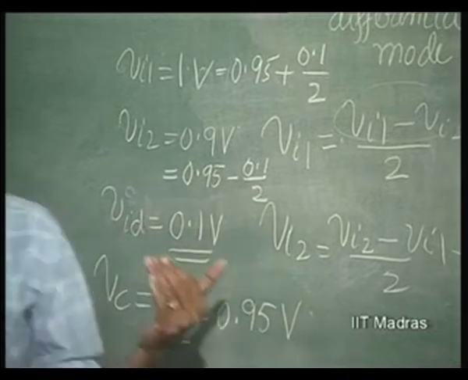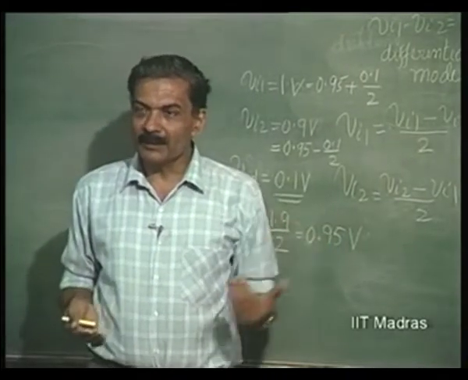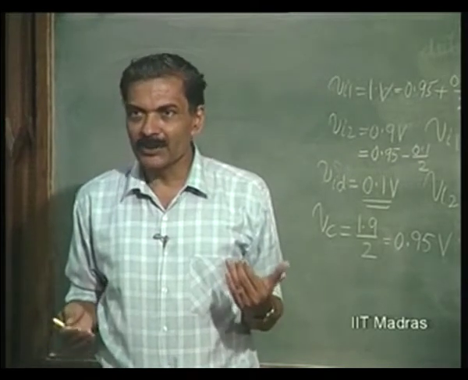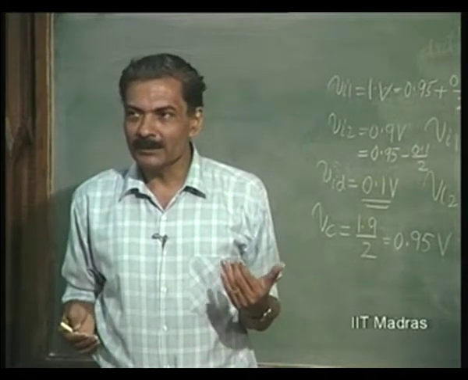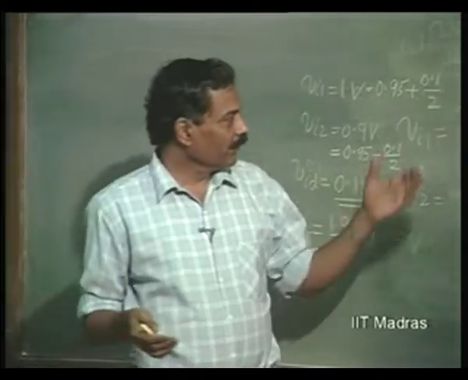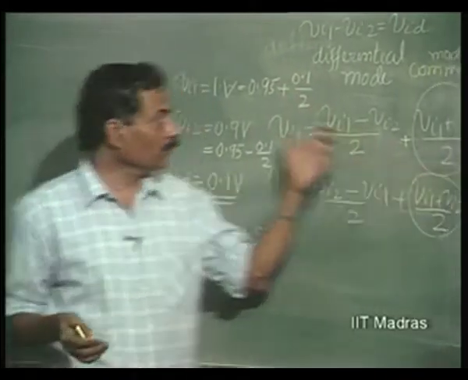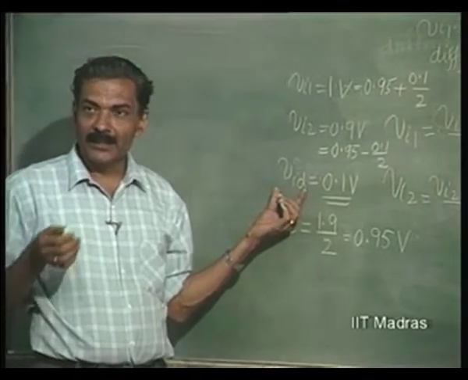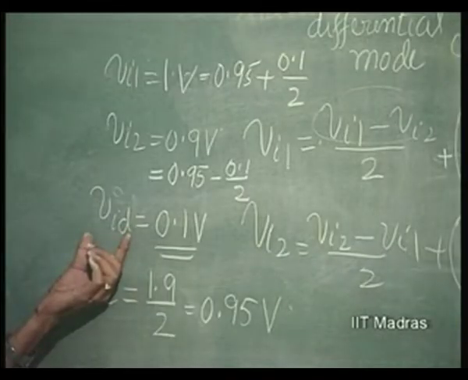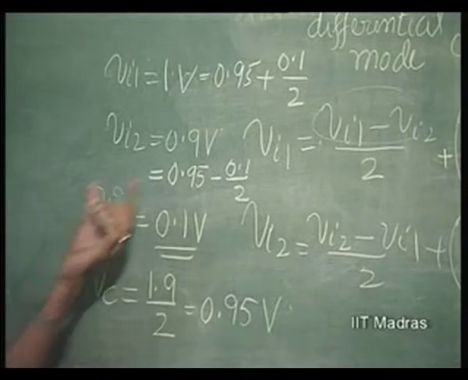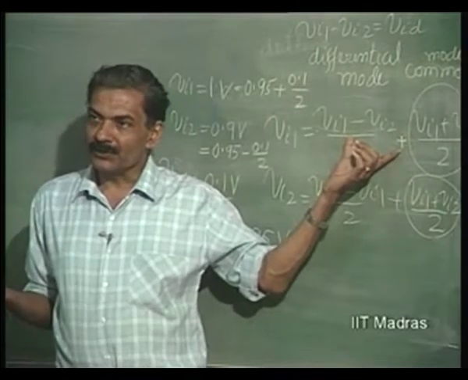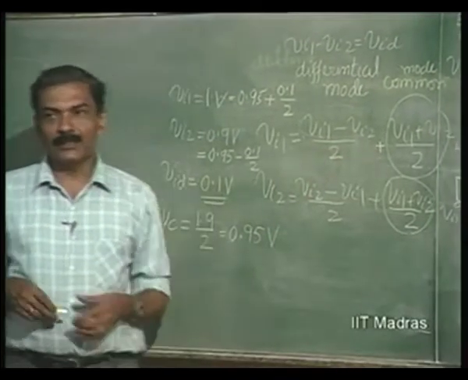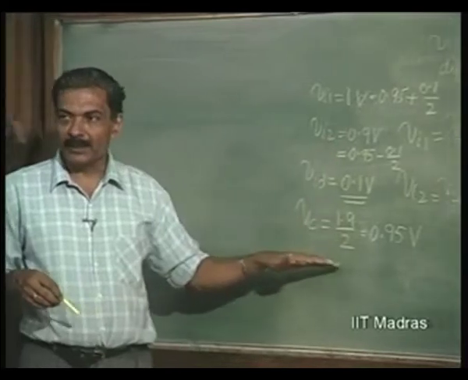A differential amplifier should only respond to the differential signal. It should not respond to the common signal. A differential amplifier should respond only to what? VID. That means its differential mode gain should be as high as possible, but its common mode gain should be strictly 0. Now, how to evaluate these two gains separately?